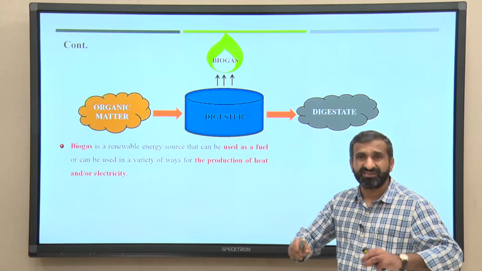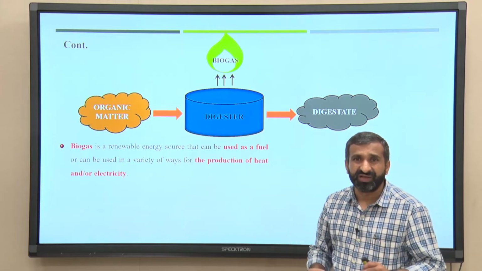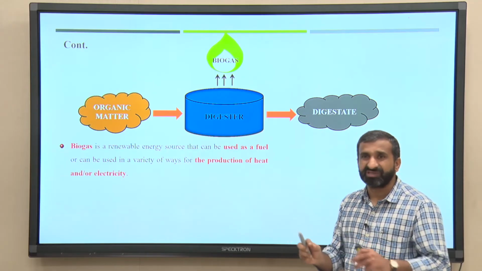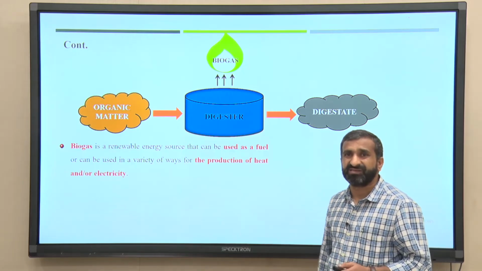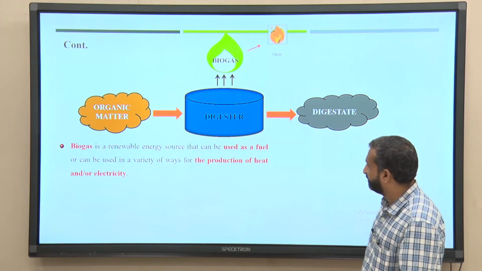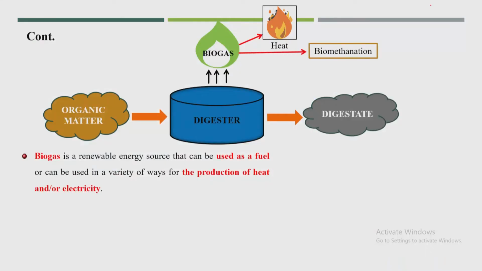The only problem is that carbon dioxide is a highly corrosive gas, so if its percentage is low, we can easily use the biogas directly for cooking. Biomethanation means the separation of carbon dioxide from the biogas. This gas can then be put directly into the gas grid.